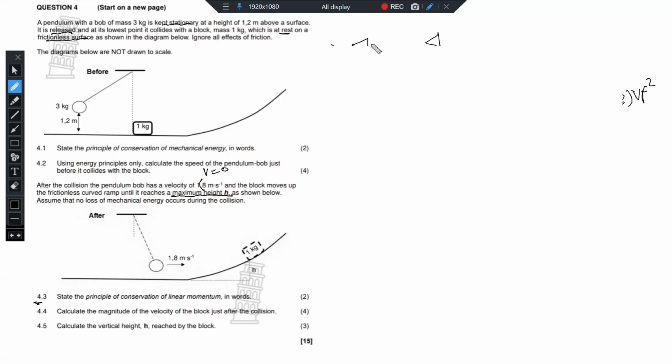4.3, another definition. So in this question here, we've been given two definitions, which is nice. That's 4 marks for free.